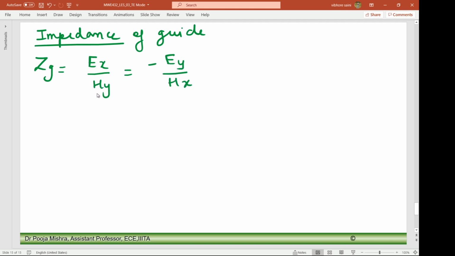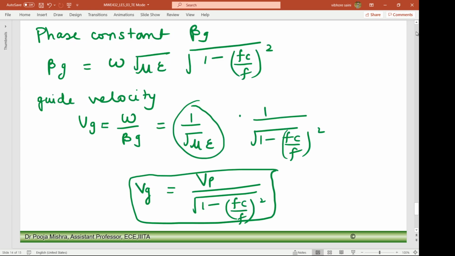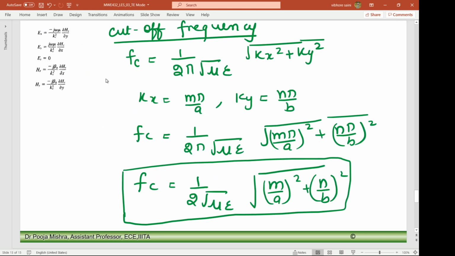We always measure in right hand direction. Ex by Hy is equal to minus Ey by Hx, or we write Ex by Hy is equal to Ey by Hz is equal to Ez by Hx, like this. So we already know the value of Ex and Hy from this equation. We'll copy it from here.